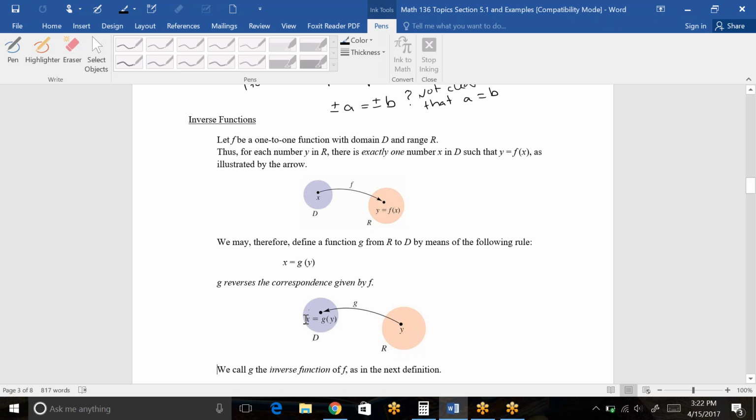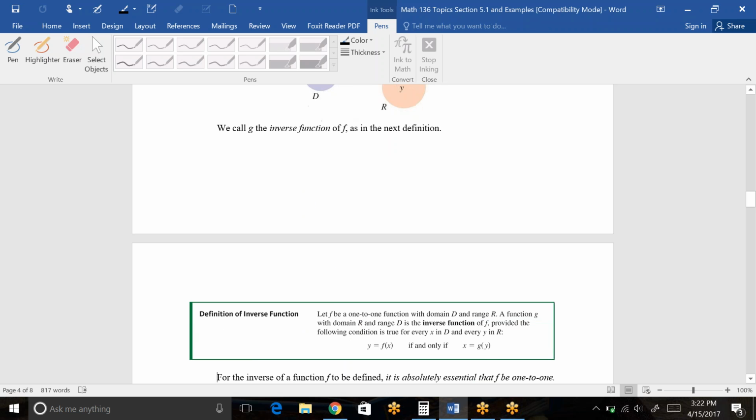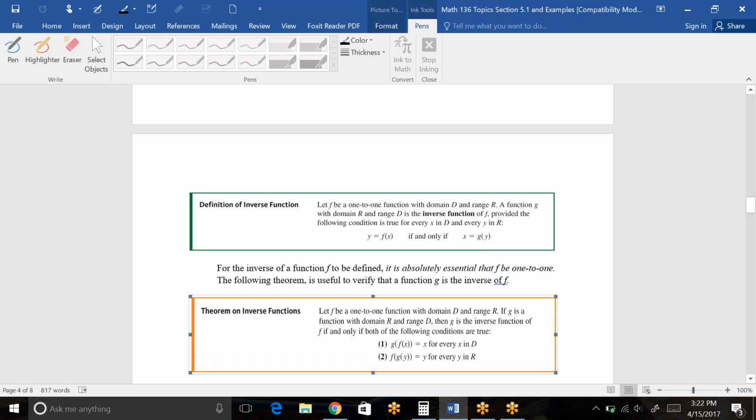This one's mapping from y to x. So you're learning how to go backwards. So what does that actually mean? It means that the domain of the original is the range of the inverse, and the range of the original is the domain of the inverse. So those domains and ranges get flipped. So that's what's happening there.